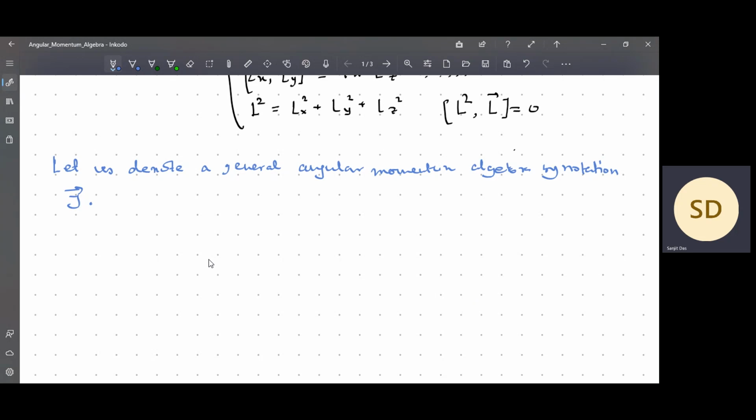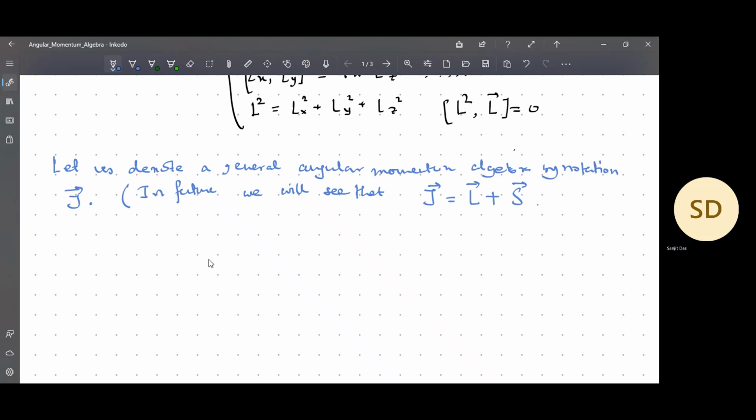In future, we will see that this J vector is basically the traditional notion of orbital angular momentum plus spin angular momentum. For the time being, you can keep that out of your mind and just concentrate on the symbol J instead of L, which follows the same algebra.